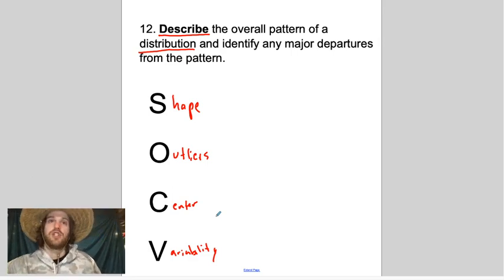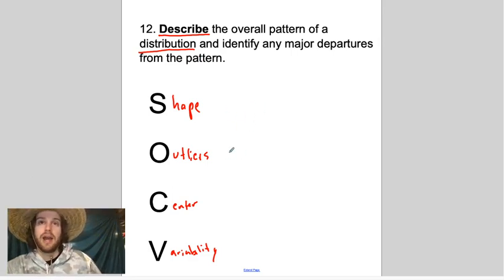Now, what do we have for shape? Well, we have the vocab that we just learned. Outliers, we're going to go over in just a minute to determine whether or not those are present. On the center, we have lots of options. We can talk about the mean. We can talk about the median. Those are the typical ones that we'll use.